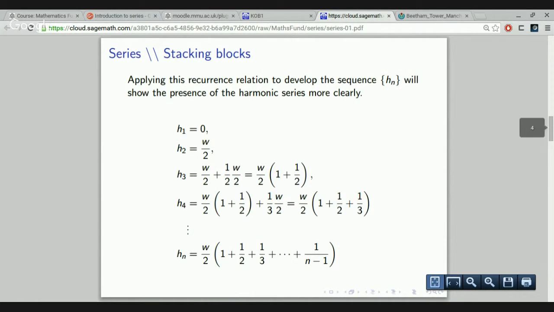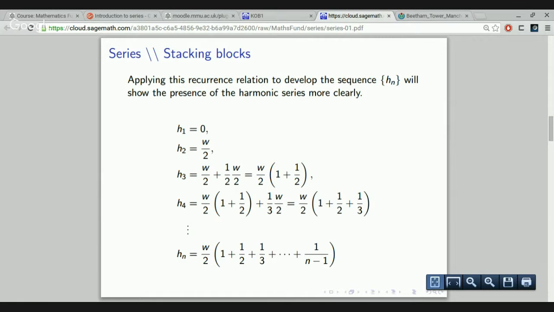And if we look at how this develops, H1 is 0, as we said. H2 is W over 2, because you position the second block halfway along the first one, so you have an overhang of half of W. W is the full width of a block. H3, so you just unravel this recurrence relation.